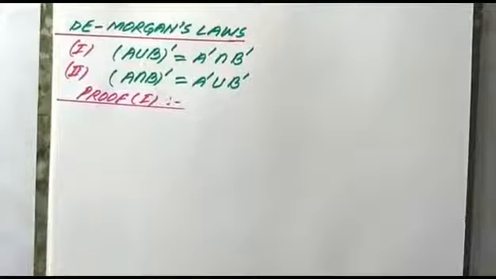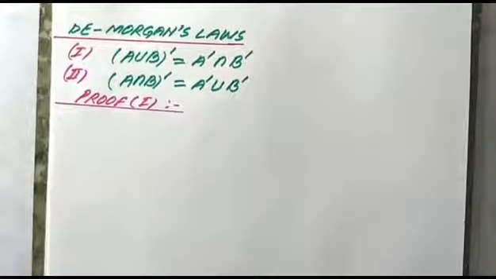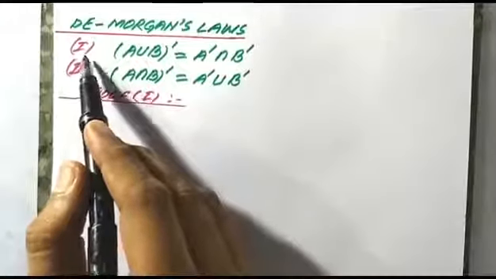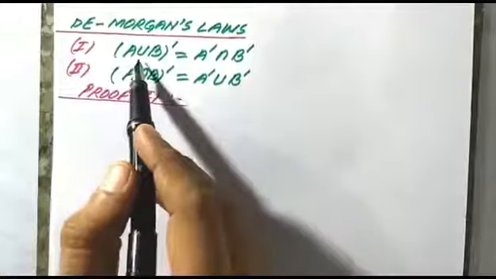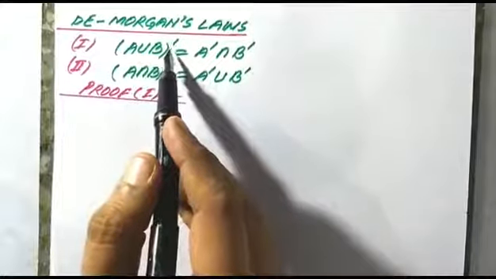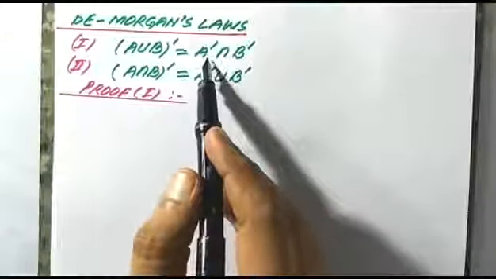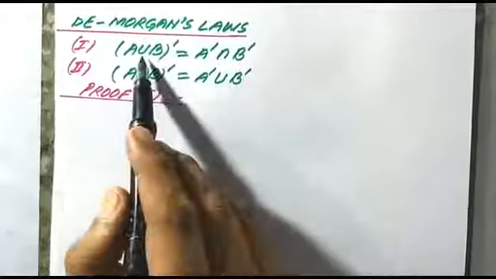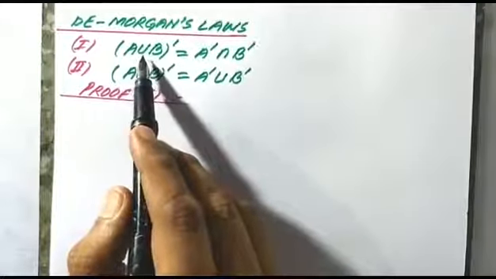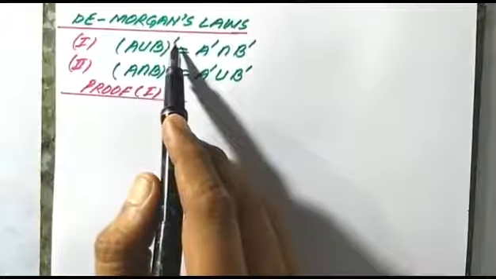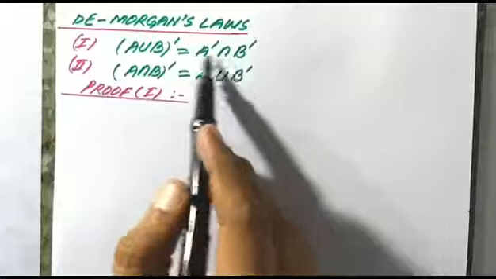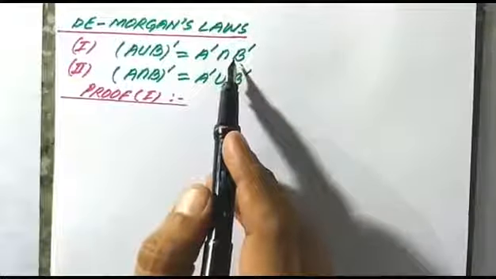Now the next laws to be discussed are De Morgan's laws. The first De Morgan law is (A union B) complement is equal to A complement intersection B complement. That is, if there is union inside the parenthesis whose complement we have taken, then on the right hand side there should be intersection between their individual complements.